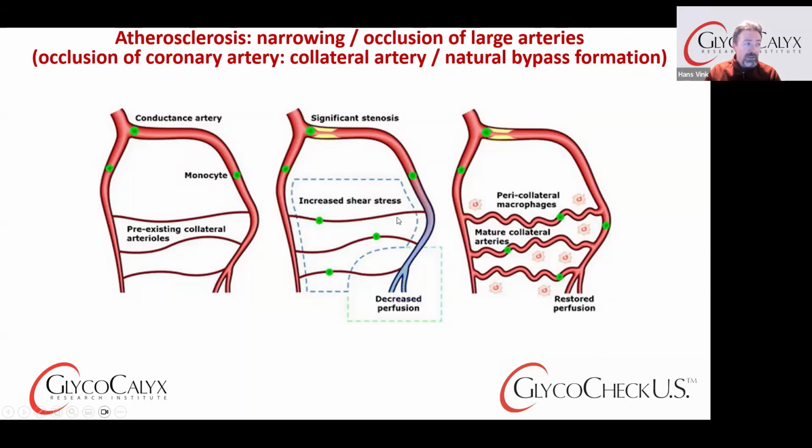But when the endothelium senses the shear stress, and for that you need a glycocalyx, then those vessels will remodel, as we call it, become big arteries and bring sufficient blood flow from the other artery with normal blood flow to the site that's compromised. But you need a healthy endothelium with a healthy glycocalyx that can sense the shear stress and start responding by producing, for instance, nitric oxide.